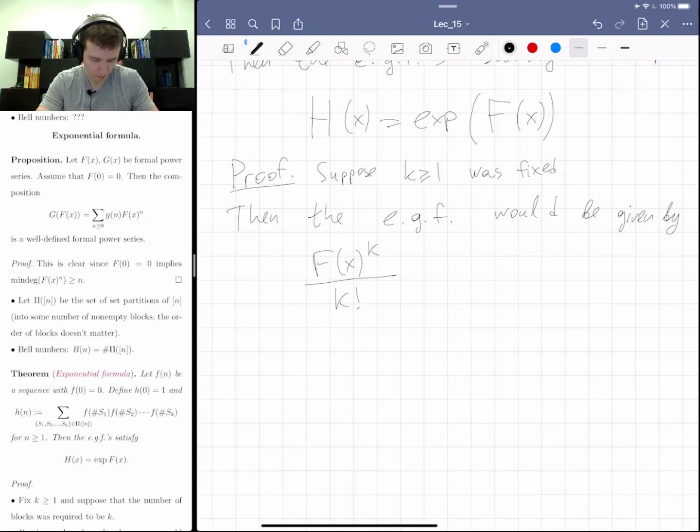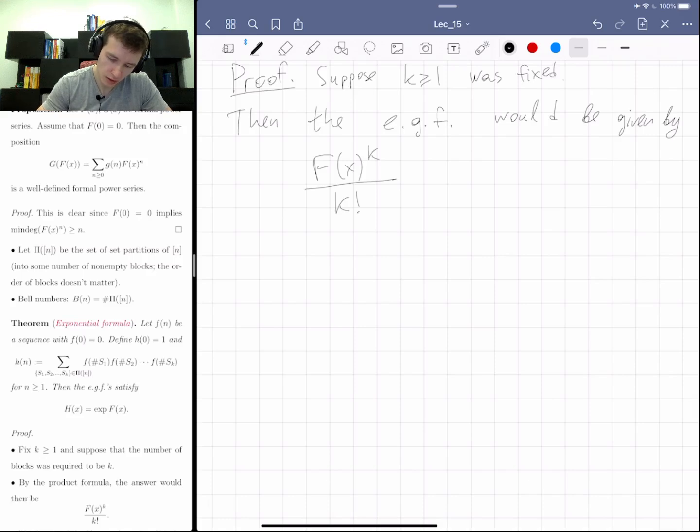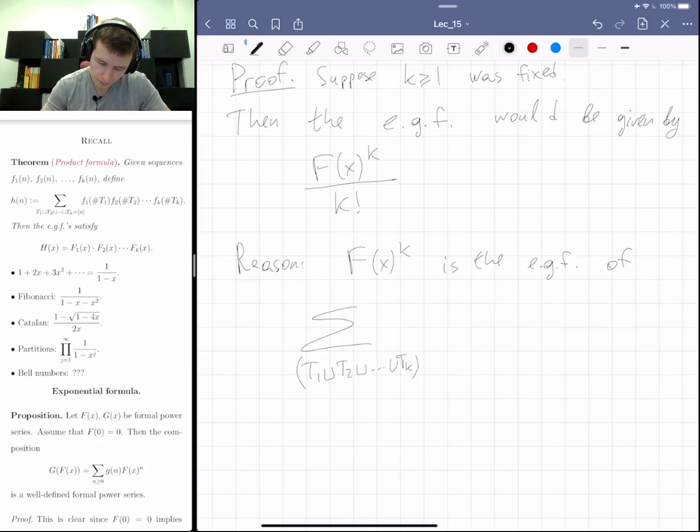So let's see why this is true. First of all, if I just ignore k factorial, so if I look at f of x to the k, by the product formula, if you raise f of x to the power of k, it is the exponential generating function of the sequence where you just take the sum over t1, t2, all the way up to tk equal to bracket n, and then you take f of the size of t1 times etc. times f of the size of tk.